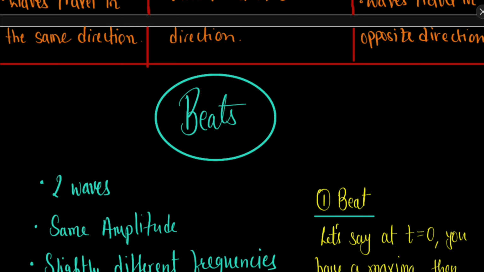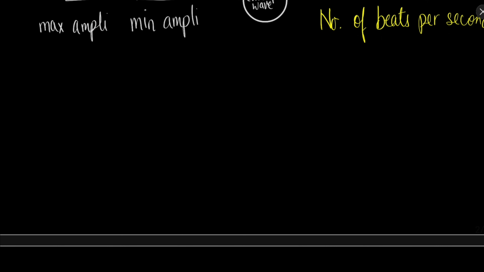After discussing these terminologies, let's move on to one important thing. As I told you earlier, the frequency difference must be slight. What does this mean? What is the meaning of slight?